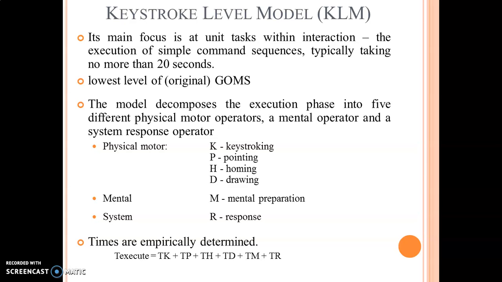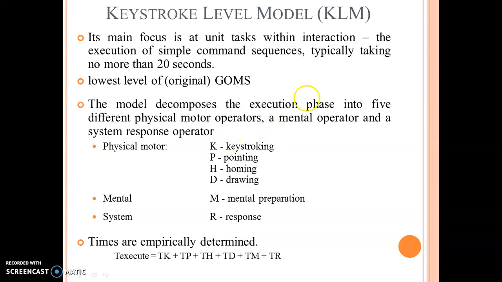So we can say that KLM is related to the GOMS model and can be thought of as a very low level GOMS model where the method is given. The model decomposes the execution phase into five different physical motor operators, a mental operator and a system operator. K represents keystroking, actually striking the keys including shifts and other modifiers.